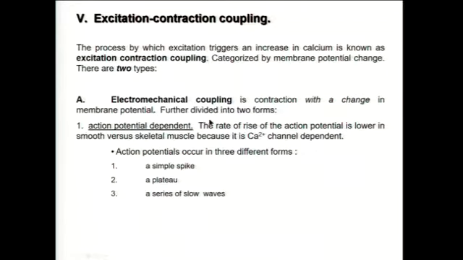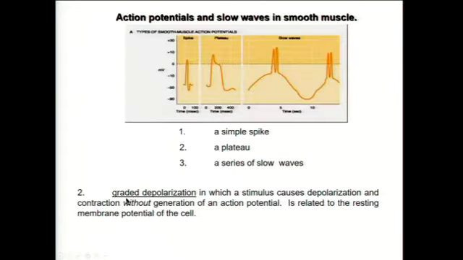So there are two forms of electromechanical coupling. One is action potential dependent, and one is graded depolarization. This causes a lot of confusion with students. A graded depolarization is when a stimulus can cause depolarization without generation of an action potential.